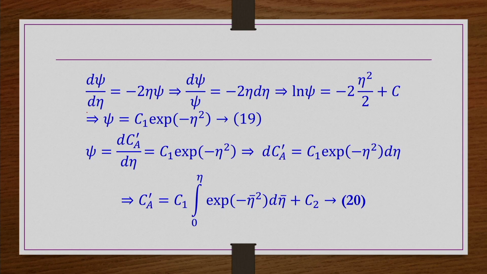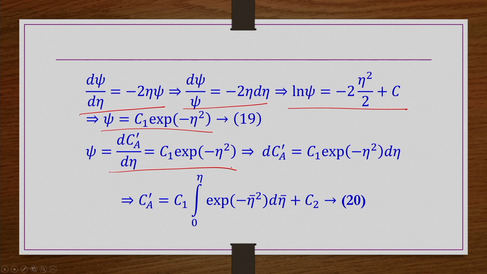So, the same equation you have written like this by taking these to the right hand side, then you are taking η terms and ψ terms separately, on two different sides. Then integrating, you get this one. Now, after removing the logarithm, you get this one. Now, ψ is nothing but dCa' by dη, that is C1 exponential of minus η².